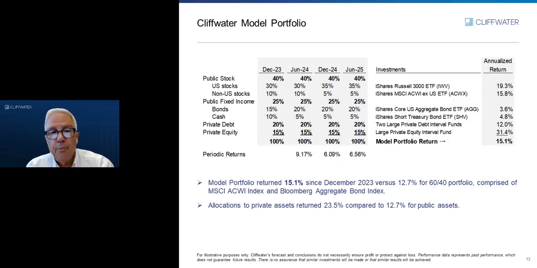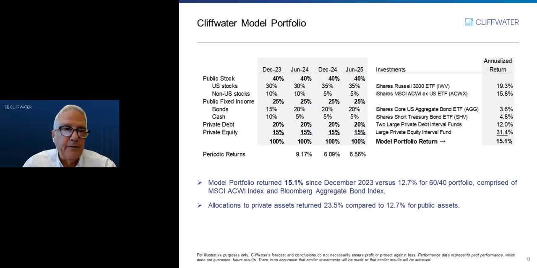And then in private debt and private equity, 20 and 15%, so a total of 35%. I think that's underweight relative to institutional allocations, probably overweight relative to individual investors. My earlier slide showed that.